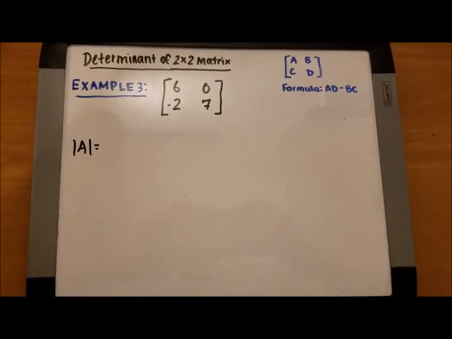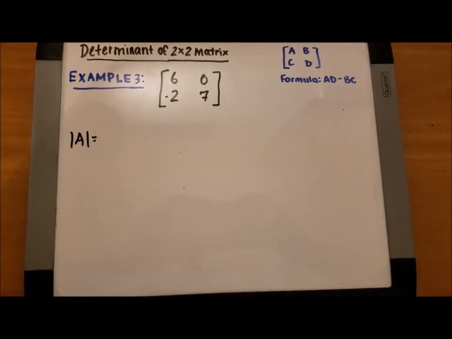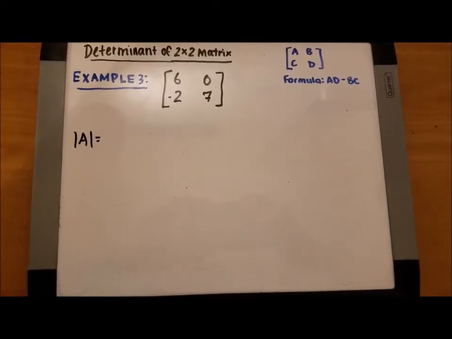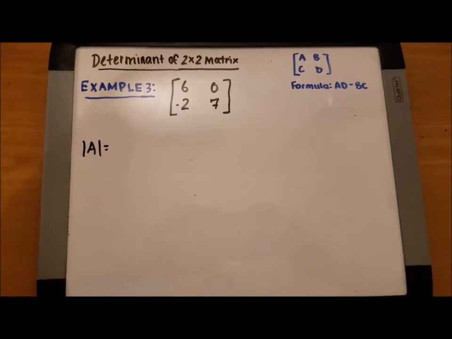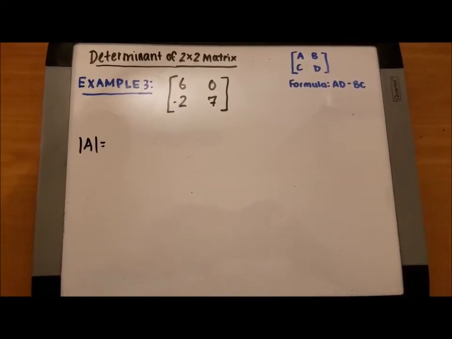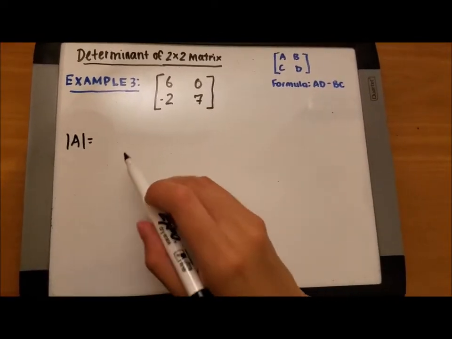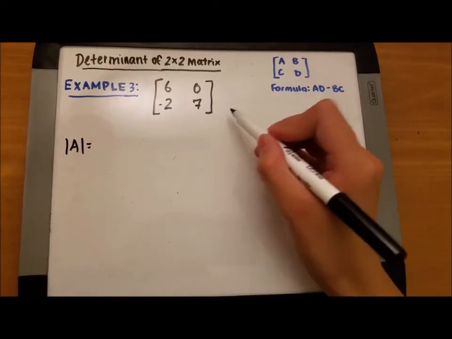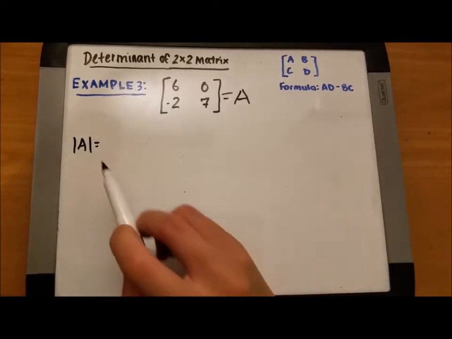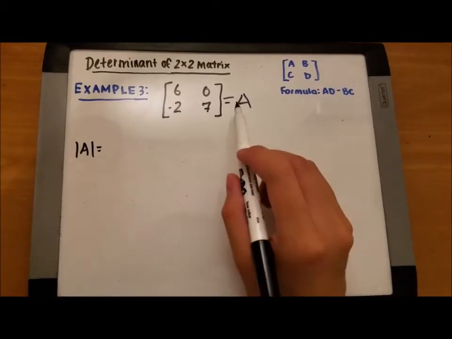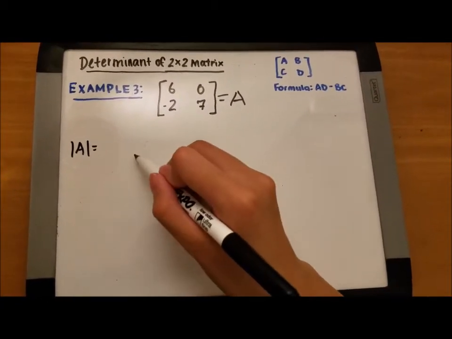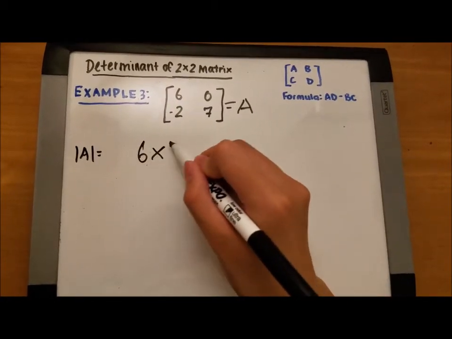We have our third and last example of finding the determinant of a 2 by 2 matrix. We use the same formula as the previous two, A times D minus B times C. Oh, sorry, I forgot to label this as A. So here we find the determinant of this matrix, A. A times D is 6 times 7.